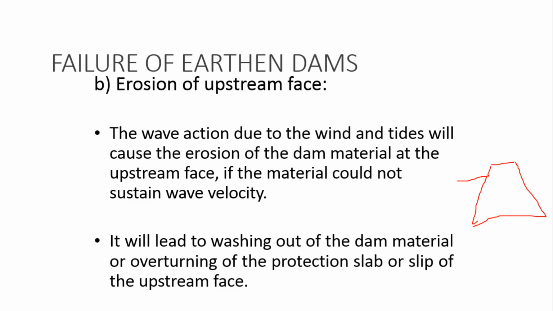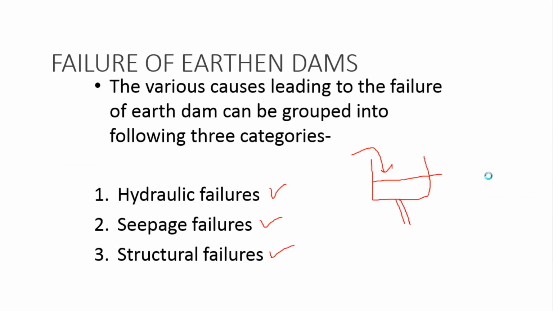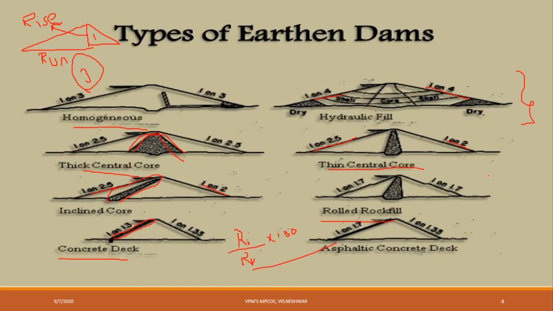If we are not providing it correctly, exactly at the core location we have to provide some material, either concrete. See here, in this type, a thin central core, a concrete deck or inclined core, here we are providing rolled rock fill.